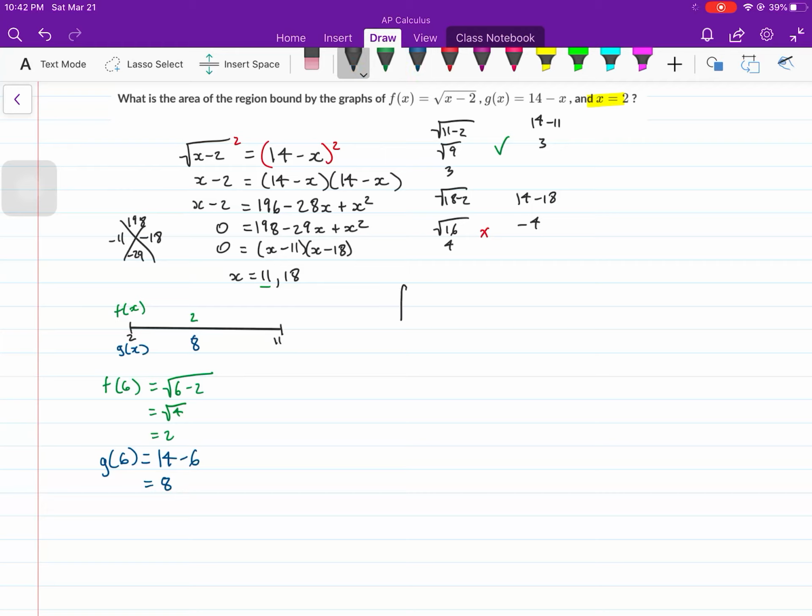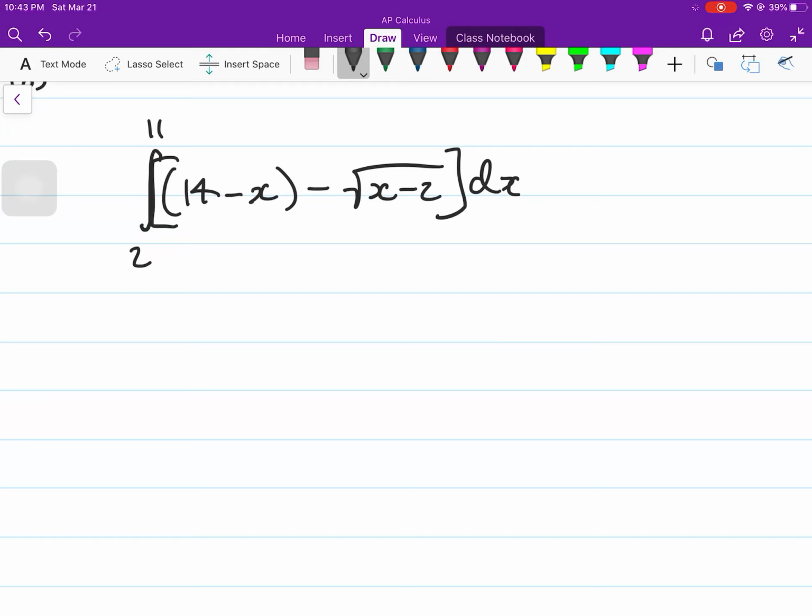So we're going to set up our integral from 2 to 11 of 14 minus x minus the square root of x minus 2. To me, I think what's going to be easier is to divide this up, because technically there's an inner function on this one, so we have to do u substitution. So let me just split up our integral.